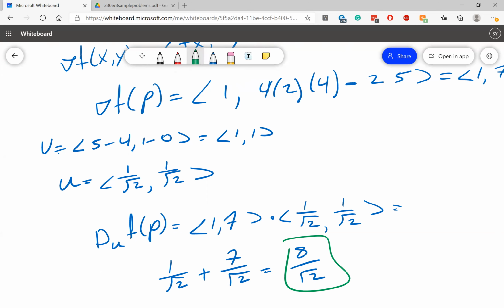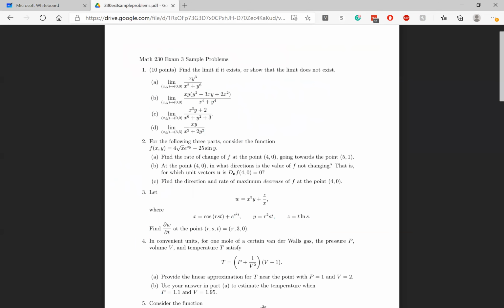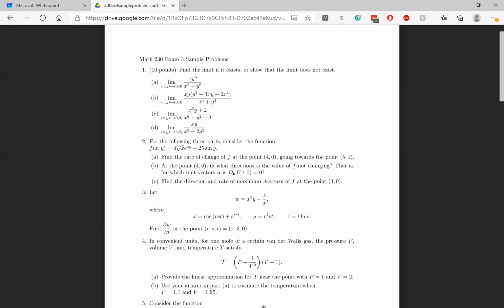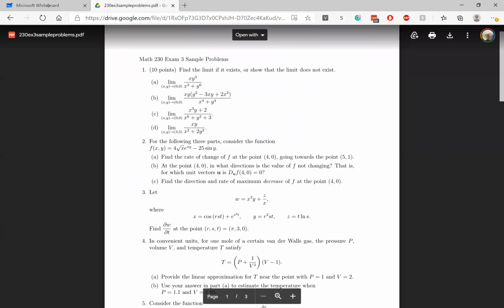So that's the answer for the first part. At the point (4, 0), in what direction is the value of f not changing? That is, for what unit vector u is this thing equal to 0?